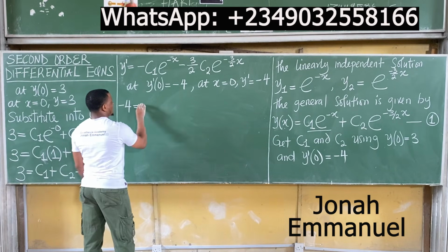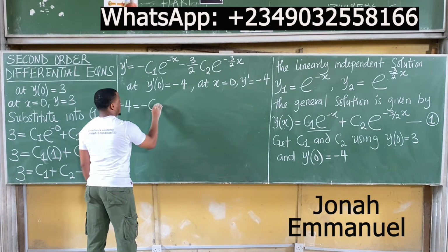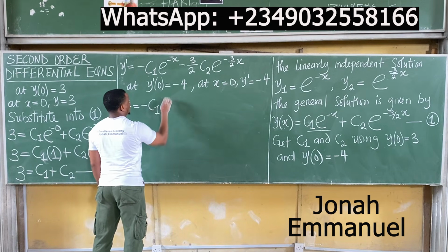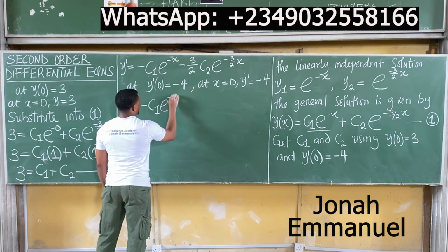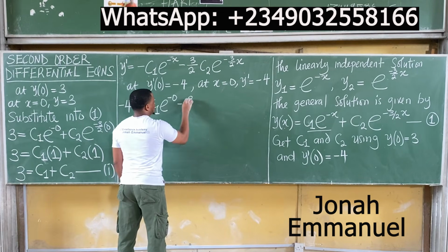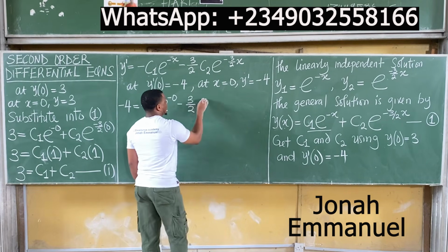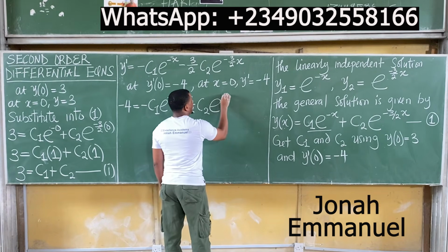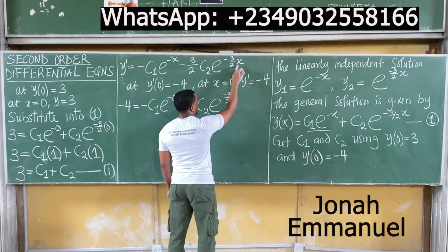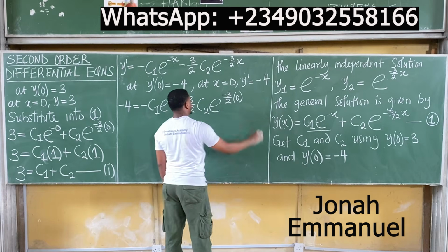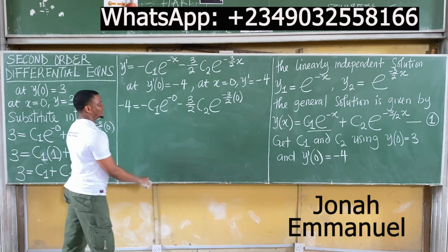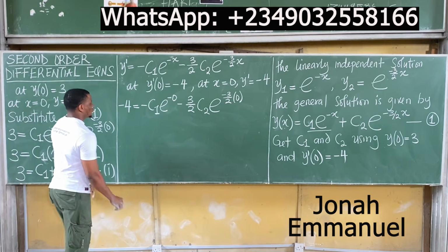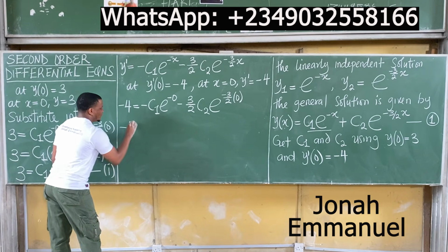So it becomes negative C1 exponential minus x minus 0 minus 3 over 2 C2 exponential minus 3 over 2x. X is 0. So you have this. Whenever I say x, put 0.